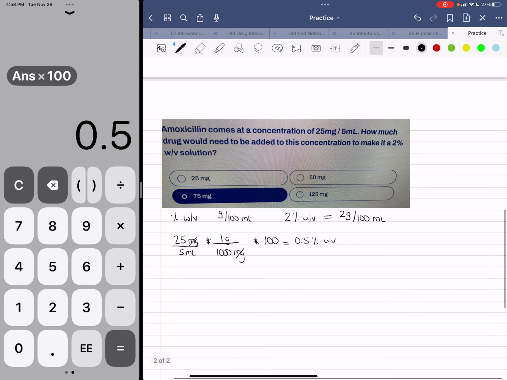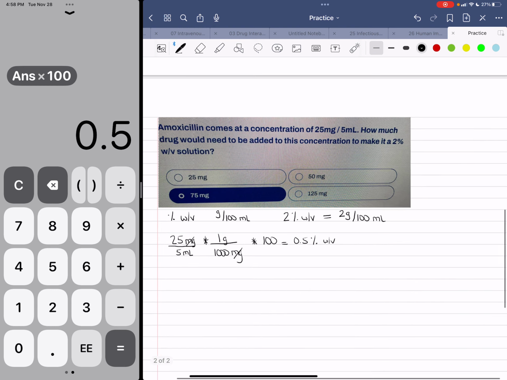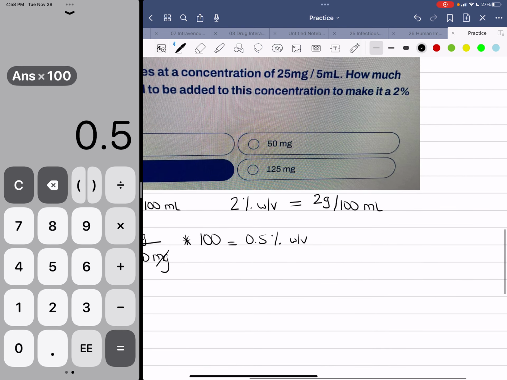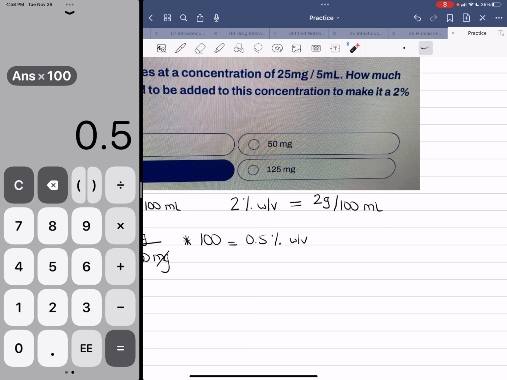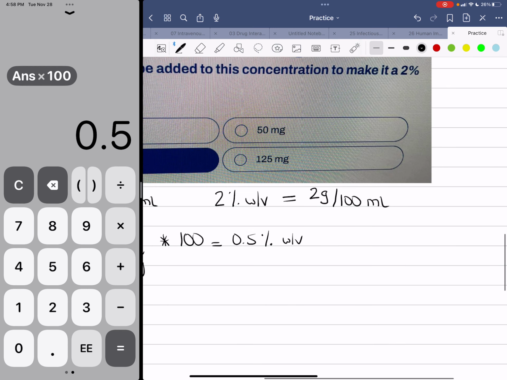And I said I would double check and show you how we know that's true. So just like we saw here, where we had the 2% weight volume was equal to 2 grams over 100, notice the 2 just went above here, correct? So I'm going to do the same thing here. We're going to say 0.5 grams divided by 100 mL.